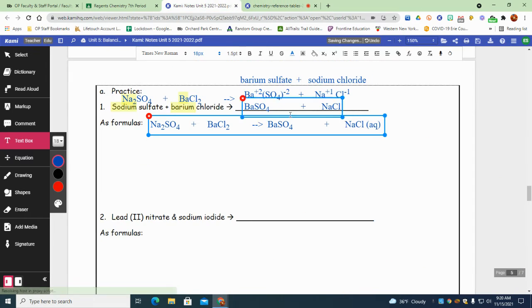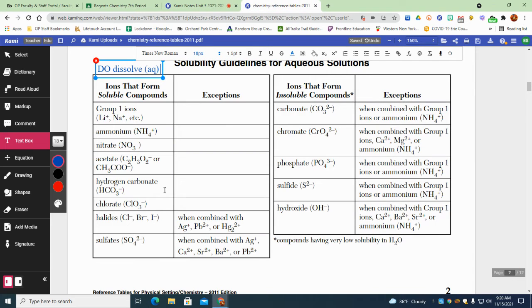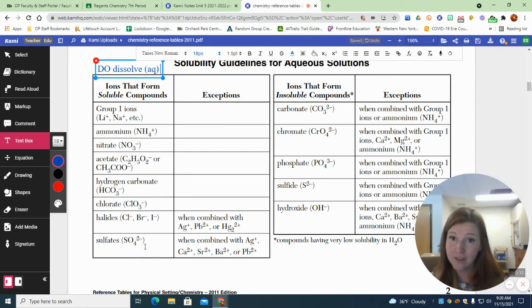So when we look at the other product, BaSO4, here's SO4, sulfate. Typically, sulfate ions are soluble, meaning they do dissolve. They would be marked as aqueous, except when those sulfate ions are combined with silver, calcium, strontium, barium, or lead. So if you fulfill one of these exceptions, you do not dissolve.